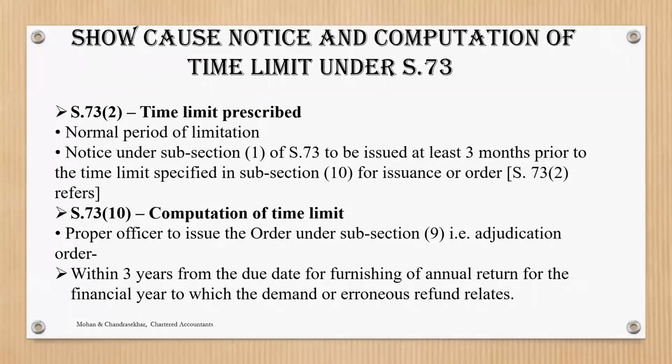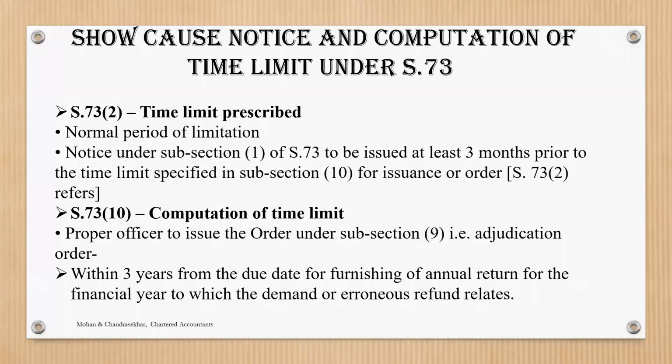Basically, the time limit for issue of Section 73 notices under 73(10) is 3 years from the due date of furnishing the annual return. So action under Section 73 has to be taken within 3 years from the due date of furnishing of annual return.